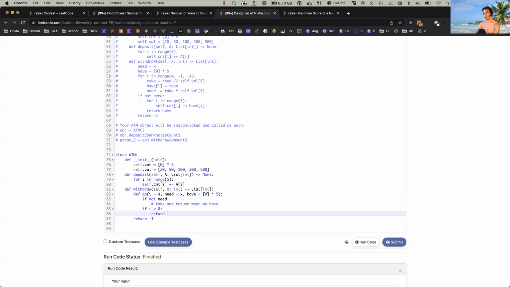Return nothing, right? We cannot take this denomination.